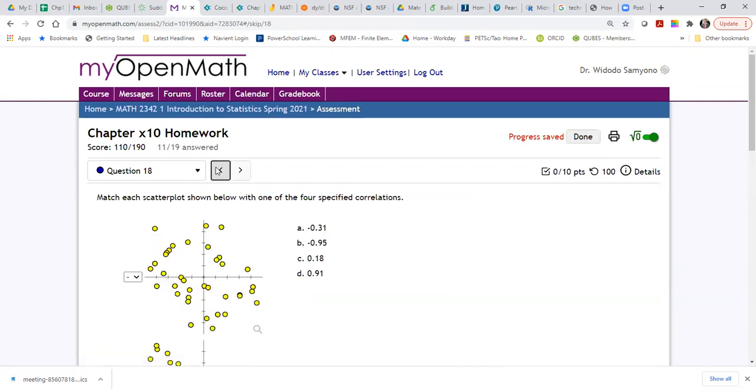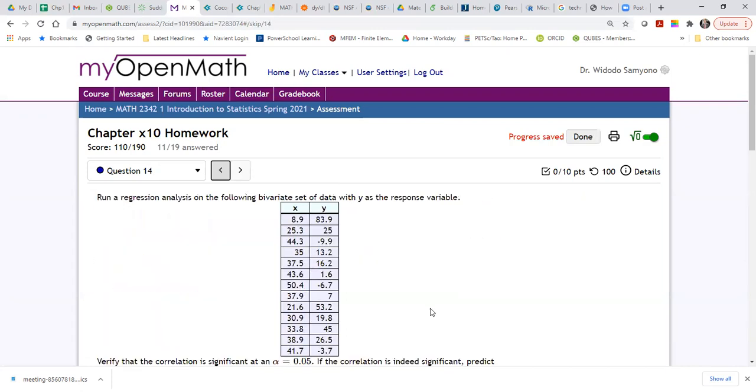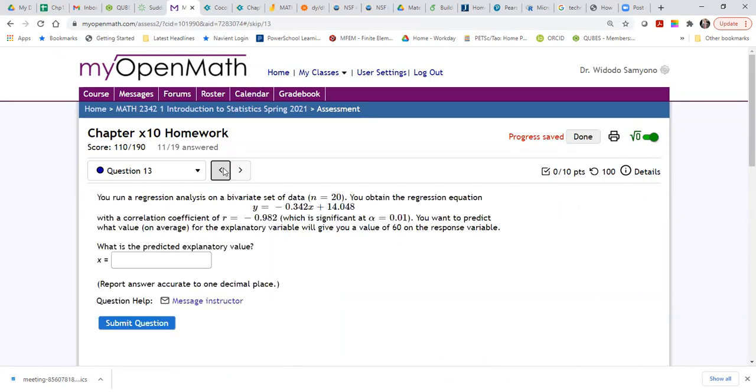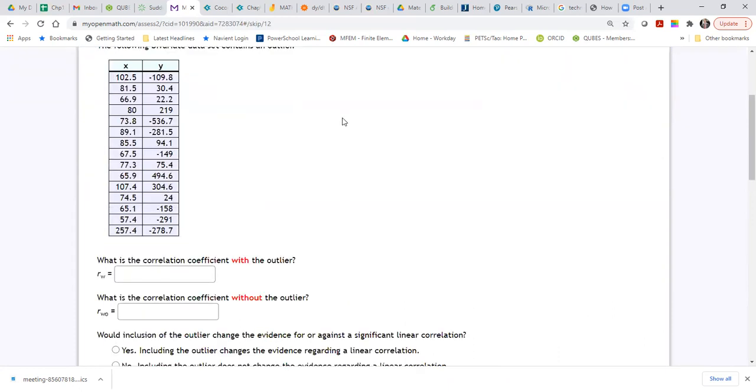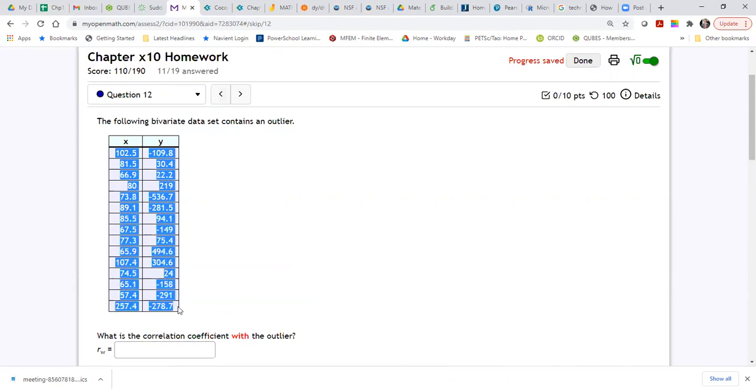Let me go back to number 12. For number 12, what you can do is copy this and then paste it here.